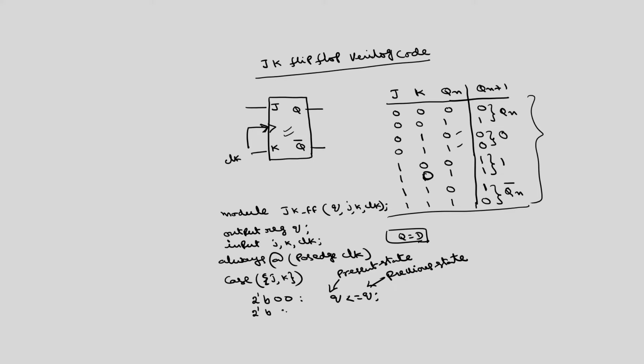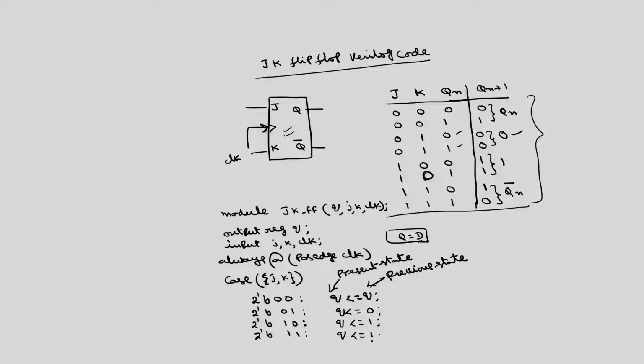2'b01, q is equal to 0, because Q is 0 here. 2'b10, this is colon not semicolon, q is equal to 1. 2'b11, q is equal to q bar.